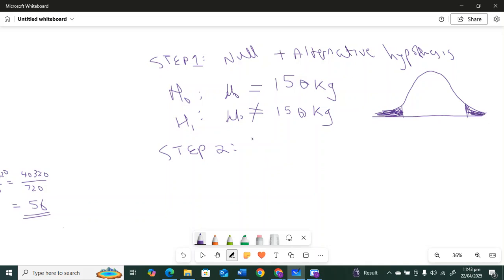Step two, get your test statistic. This is the one that we're going to compare with our critical value.